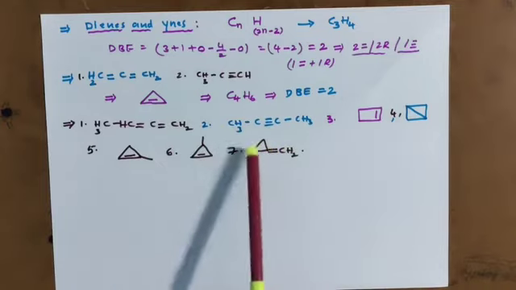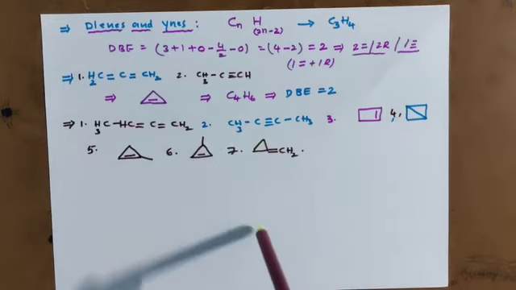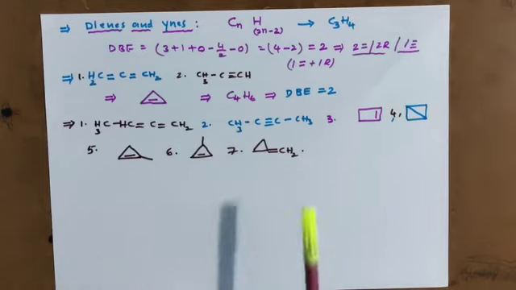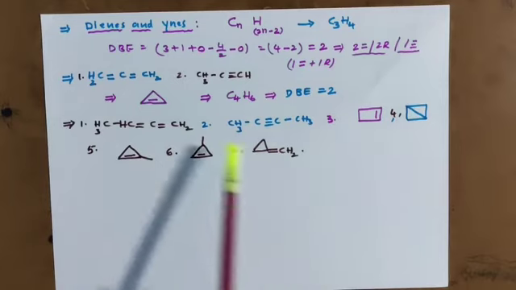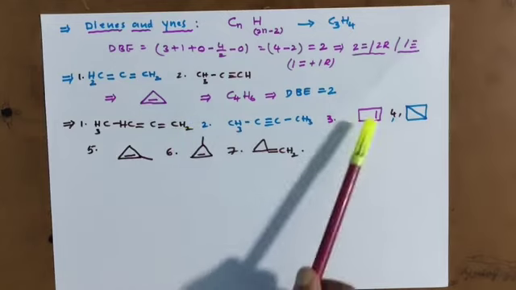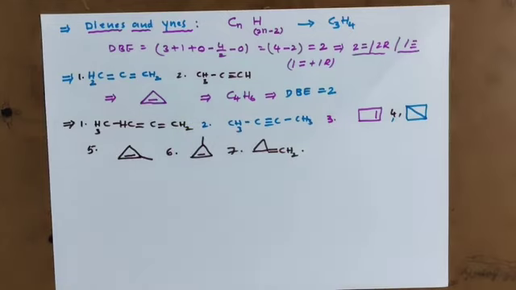Like this we can draw a number of functional group isomers. Here, in the compounds we drew, we got chain isomers and ring isomers. This we call ring chain isomerism.